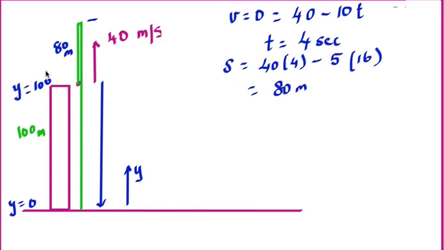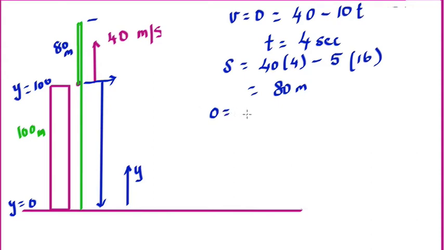How long does it take to come back to the same height? Well, you might guess that it takes 4 seconds again to come back to the same height, but all the same, let us prove that. To get to the same height, when it comes back all the way here, starting from when it was thrown to when it comes back to this point, the total displacement is 0. When it starts here, goes up and comes back, 0.